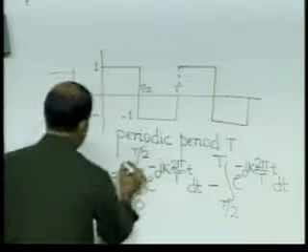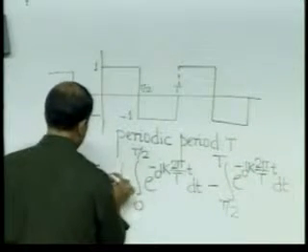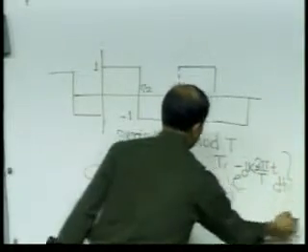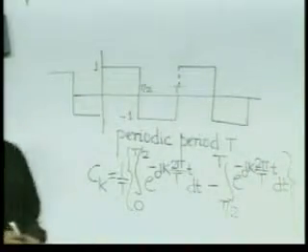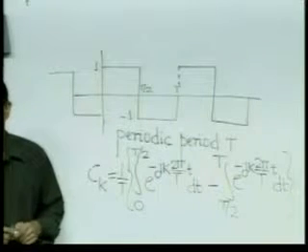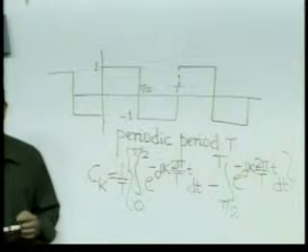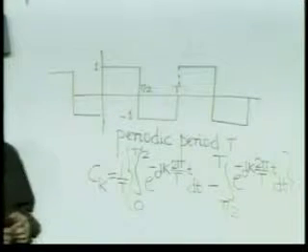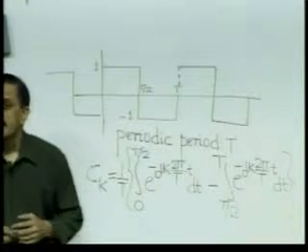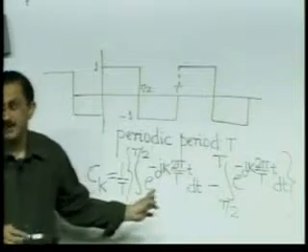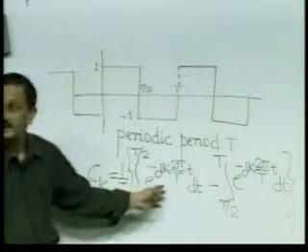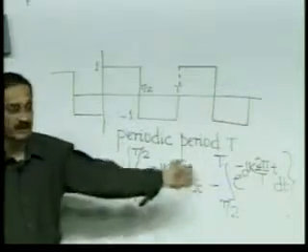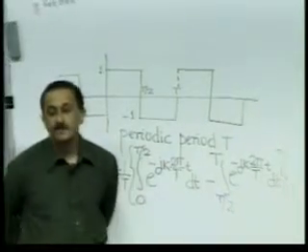This whole thing is divided by T. This integral is very easy to evaluate. There is no problem. It is just an integral of the form e raised to the power a t dt. It is very easy to evaluate. I do not need to evaluate it and show you.